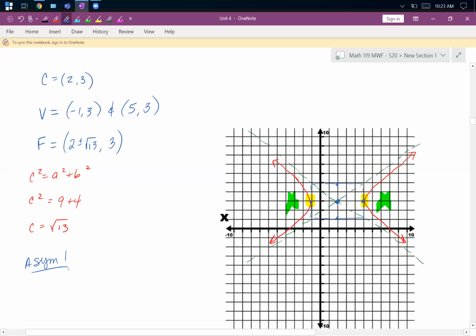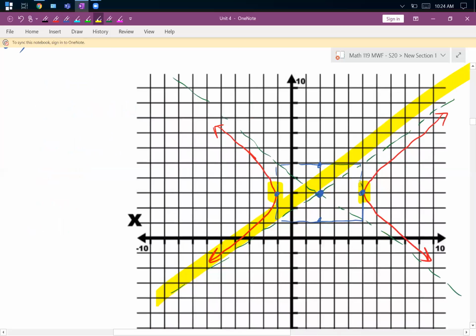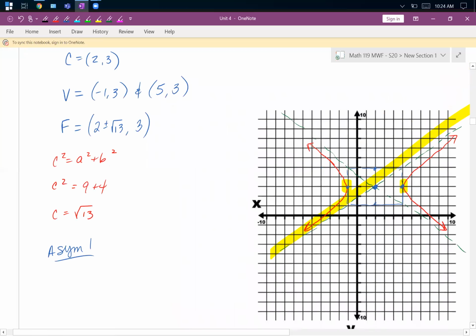And then on to our asymptotes. All right, so the slope of our first asymptote, counting from my center to the corner of my box, is up 2 over 3. So that's a positive 2/3.